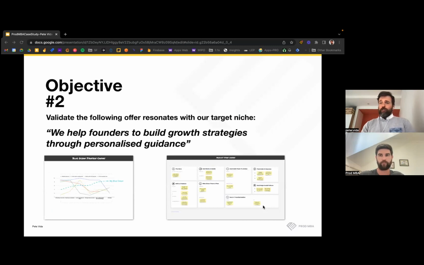So this is just two screenshots of the Blue Ocean canvas and the product story canvas that we completed during the Product MBA. The Blue Ocean canvas identified a couple of competitors in this space: social marketing tools, email marketing tools, marketing agencies, and working with influencers are some of the things that I identified as what we're competing against.